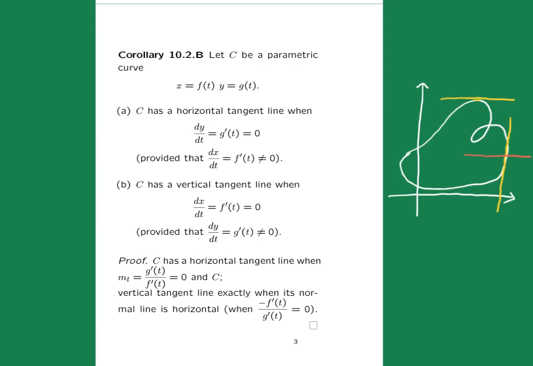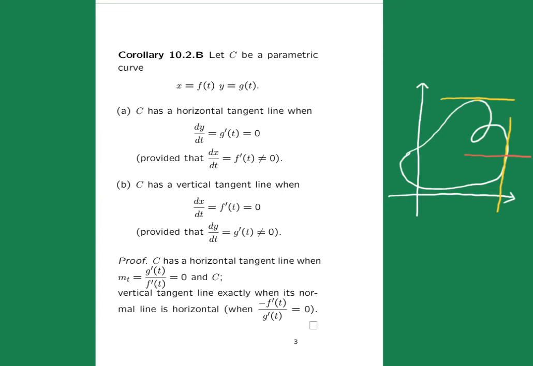When is that going to be? Well, when does this quotient get to be 0? When the numerator is 0 and the denominator is not 0. So we can say that we'll have a horizontal tangent line when dy dt, which is to say g prime of t, is equal to 0, provided that our denominator here, f prime of t, is not 0.